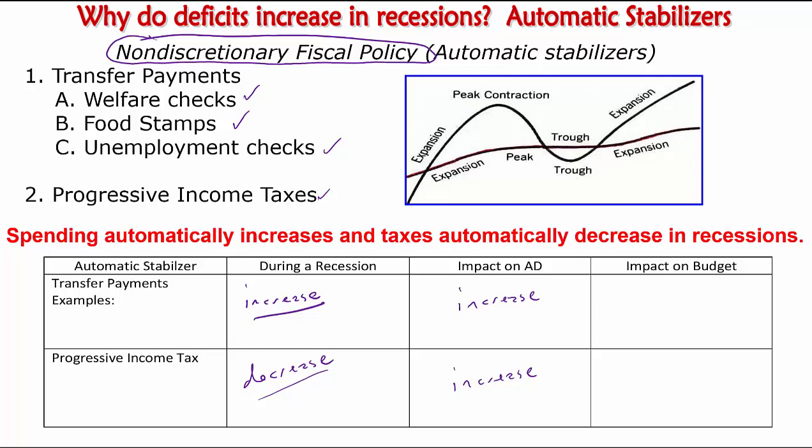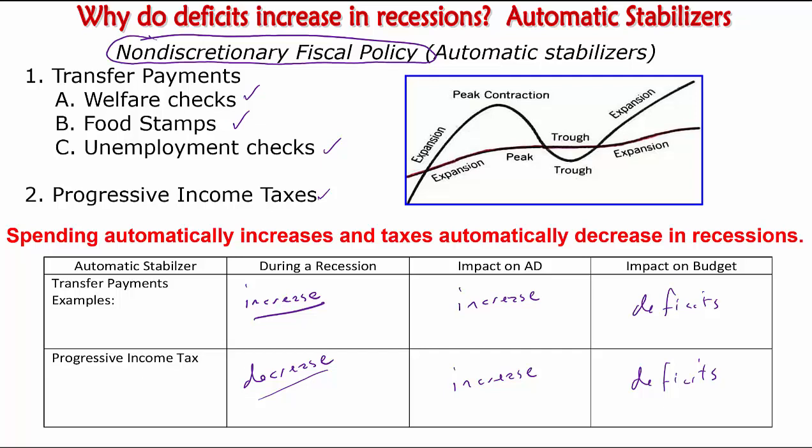And the impact on the budget is this: they both will create more deficits. Okay, and you can also reason that the exact opposite is true. When the economy is really, really strong, people need fewer transfer payments, and their taxes are automatically higher as a result. And so the exact opposite happens whenever there's inflation.